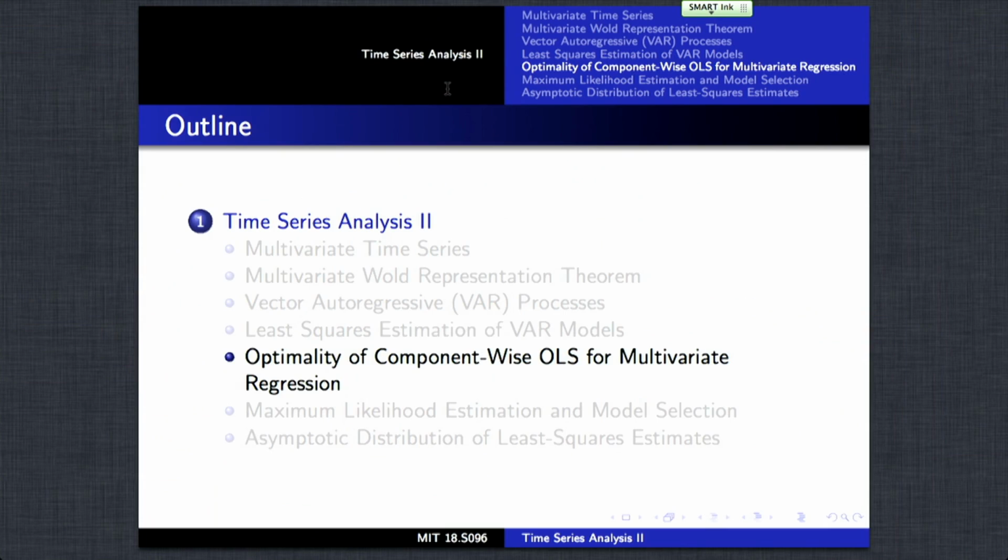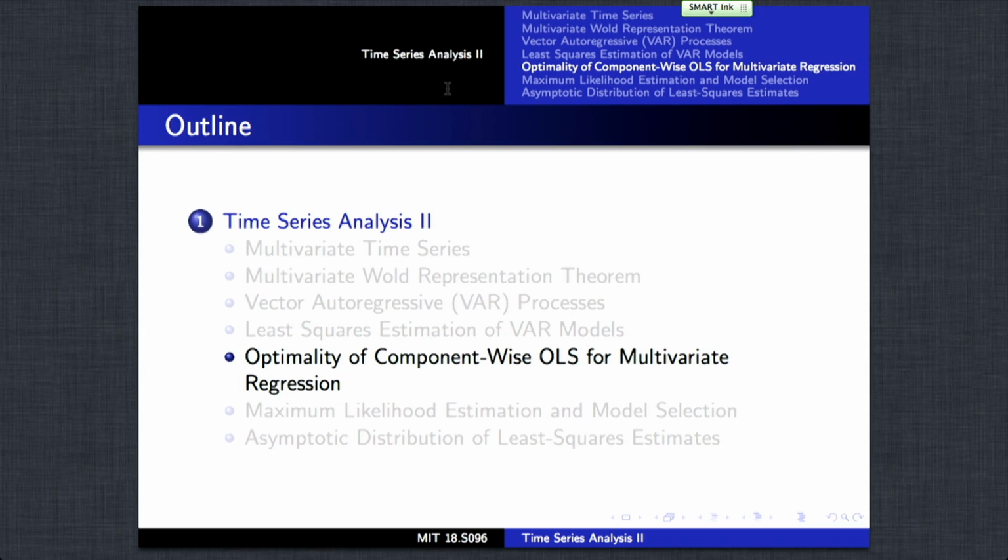A rather remarkable result is that these component-wise regressions are actually the optimal estimates for the multivariate regression as well. And as mathematicians, this kind of result is, I think, rather neat and elegant. Maybe some of you will think this is very obvious, but it isn't quite obvious that this component-wise estimation should be optimal as well.